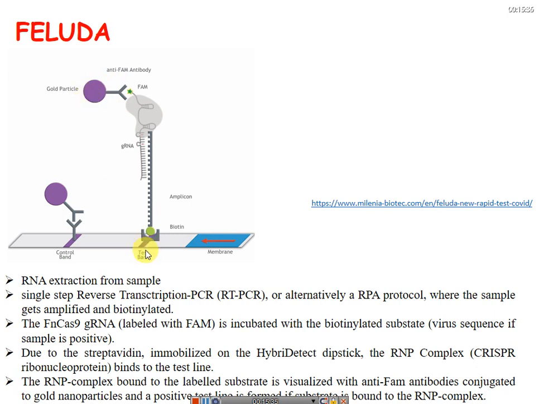So a positive test line will develop if there is an amplification. And if there is no amplification, this ribonucleoprotein particle won't bind to any product, and the gold nanoparticle conjugated antibody won't bind to the FAM, while at the control line, anti-Ig antibody will bind to this antibody gold particle and will give a control band.